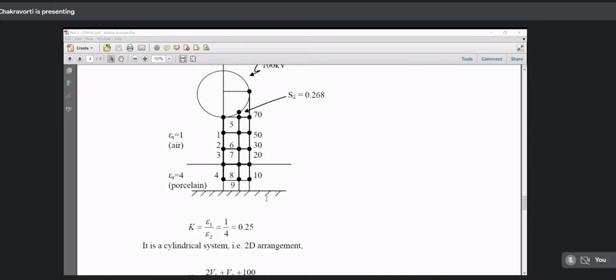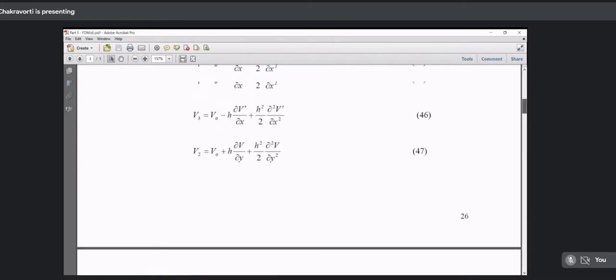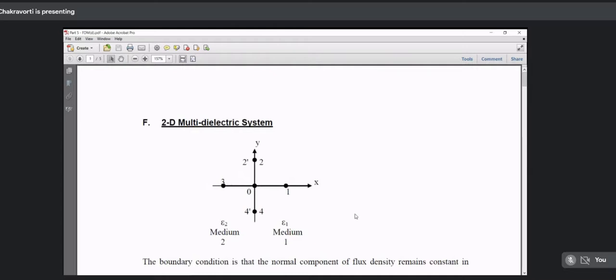Then comes the question of two nodes, which are V3 and V8. Here I have to do some sort of matching. Please remember that in our derivation, in that diagram, node 1 was in medium 1, node 3 was in medium 2, and nodes 2 and 4 were on the boundary. And K is epsilon 1 by epsilon 2.